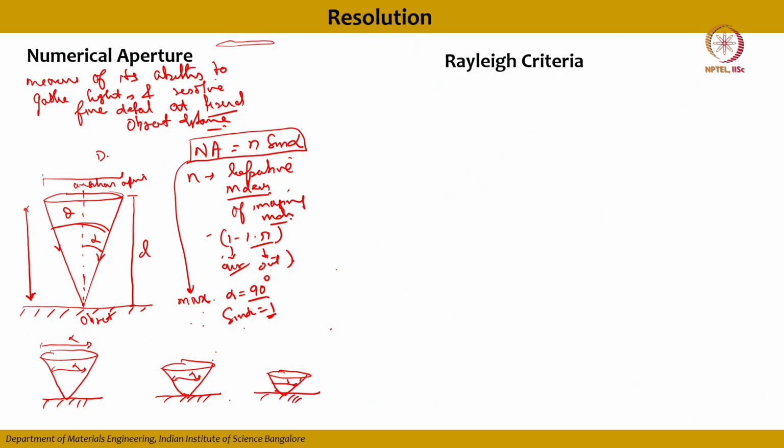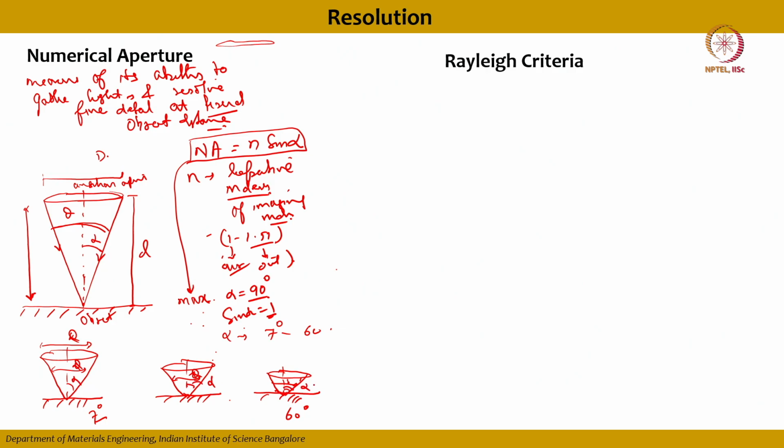Now if the alpha changes from 7 degrees to 60 degrees, because it's a half angle, correct? These are your theta, sorry, this is your alpha.